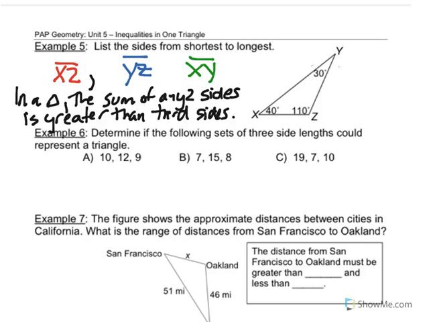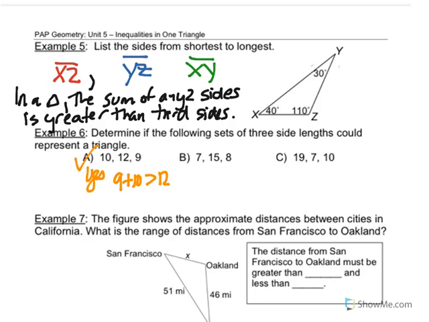So I hope when you did this little exercise you figured out that yes, A could be a triangle because 9 plus 10 is greater than 12, and I'm just taking the two shorter ones and we'll see if they're greater than the third one.